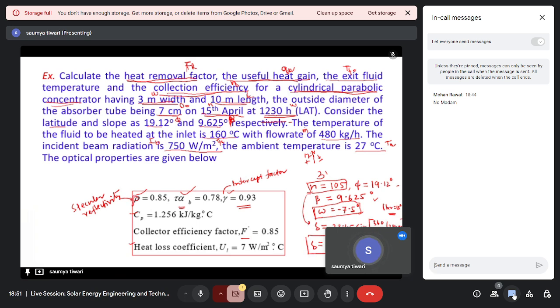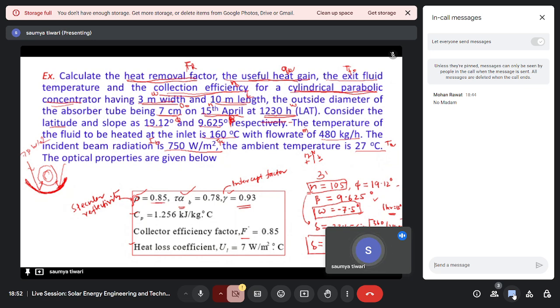So this is your reflector, the cylindrical parabolic concentrator. This value is given, 750 watt per meter square. The spectral reflectivity of this surface is also given, 0.85.